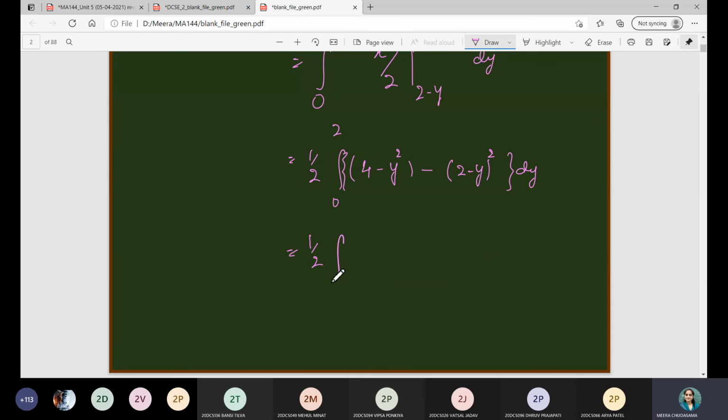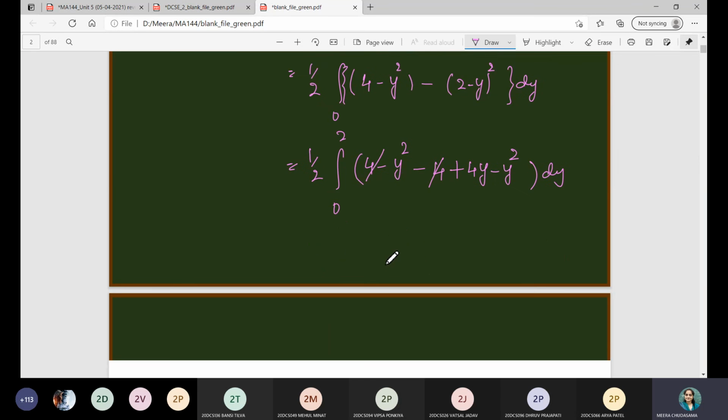So this is 1 by 2, 0 to 2, 4 minus y square, minus, when you expand this is 4, middle term having minus sign, but minus sign is already there outside of the parenthesis, so it will become plus now, plus 4y, expansion will contain positive sign, but because of this negative sign again will have the negative sign. So that is what we have.